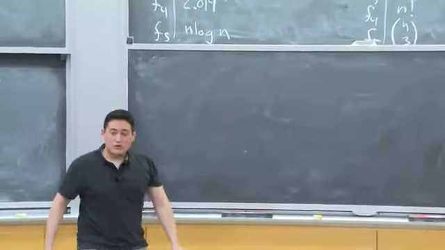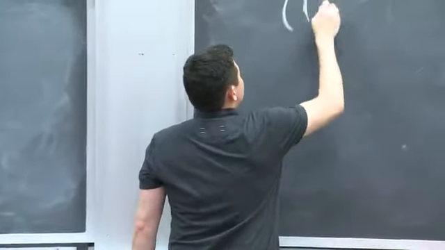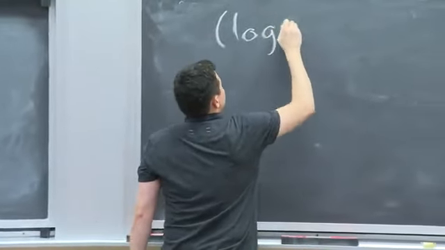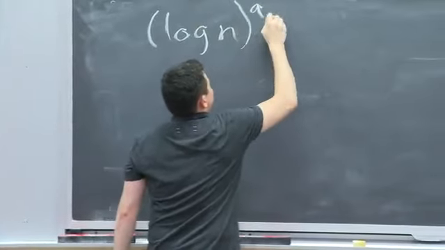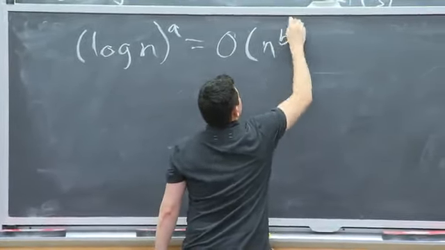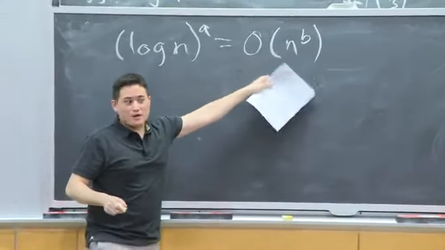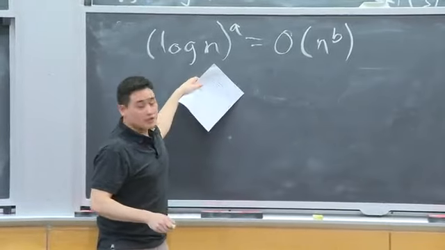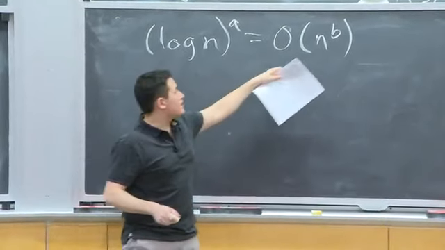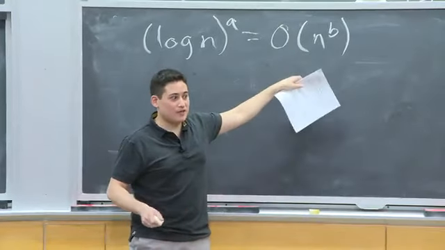In general, hopefully you proved in recitation today, no, Wednesday, this nice fact, that log n to any power is asymptotically less than any polynomial for any positive a and b.